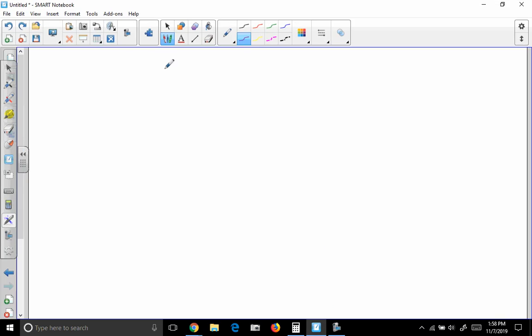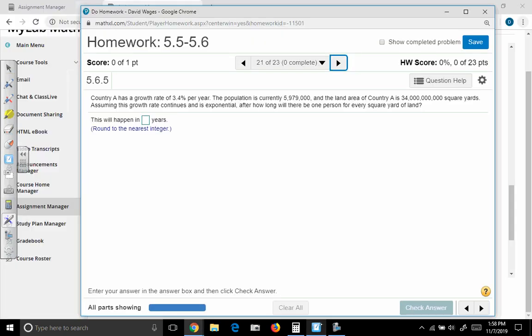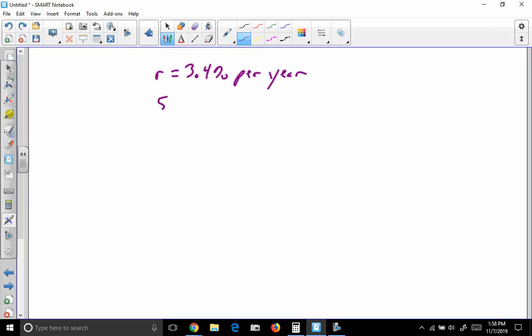So the country has a growth rate of 3.4% per year. And the country currently has 5,979,000 people. And the country has 34 billion square yards.